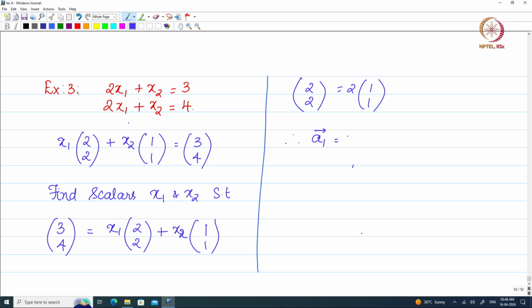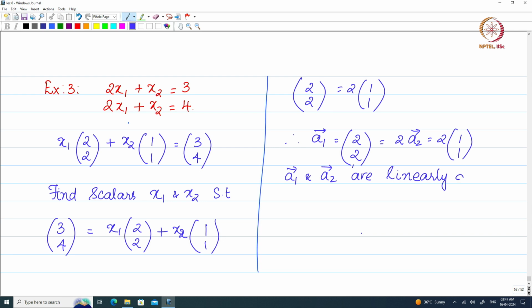So A1, which is 2 2, is 2 times A2, which is 2 times 1 1, and therefore we say that A1 and A2 are linearly dependent. So essentially what we have is (2x1 plus x2) times 1 1, and I must get the value 3 4.